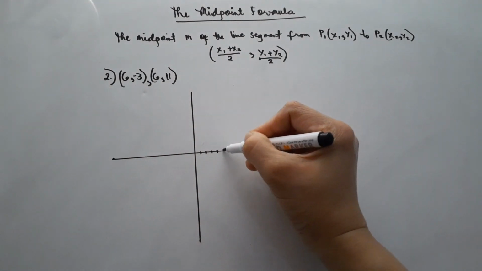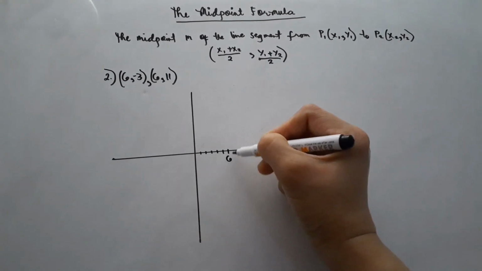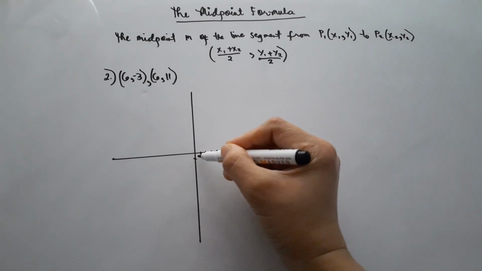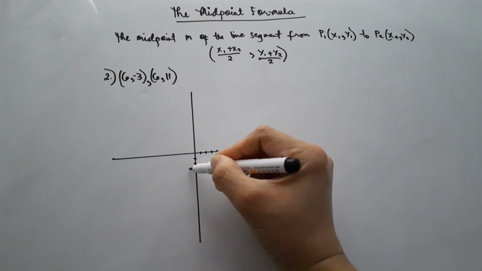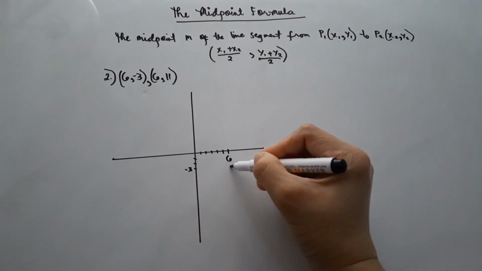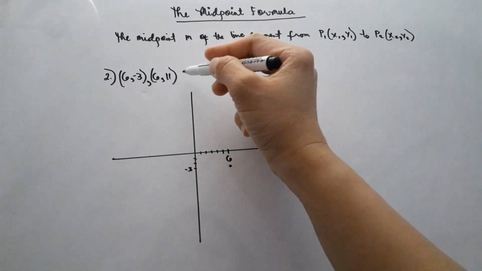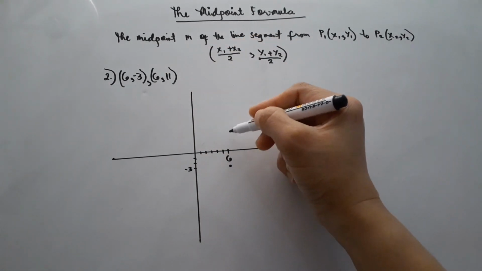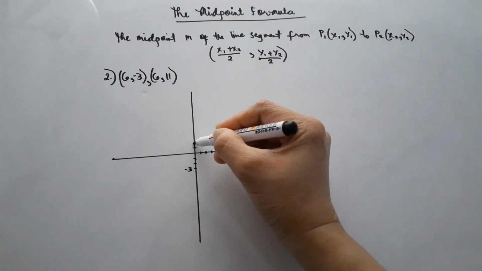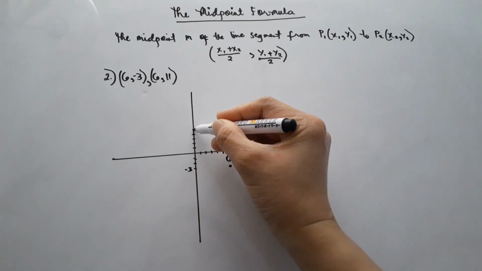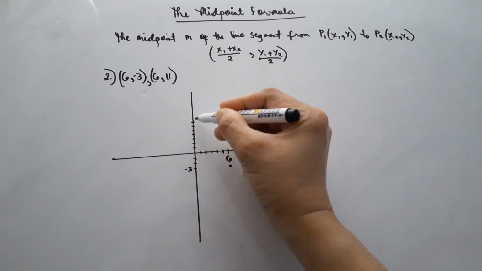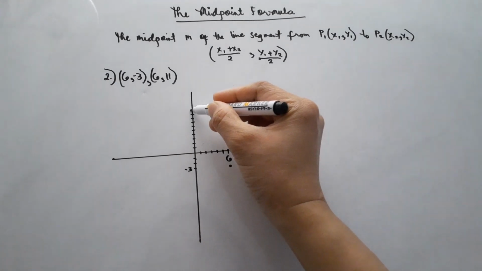We have the x-axis is the horizontal line, and the vertical line is our y-axis. So we have 6 and negative 3 as point 1 here, and 6 going upward to 11 as point 2. So we have 1, 2, 3 going upward, which is 11 here.